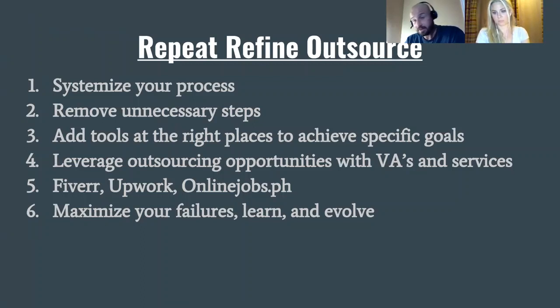At what point is a tool going to help you? At what point is a tool not helping you and you're just spending money? At what point can you add a VA or something like that? So you want to systemize your process, something you can do over and over, refining it, building it out, and making it better and better every single time.